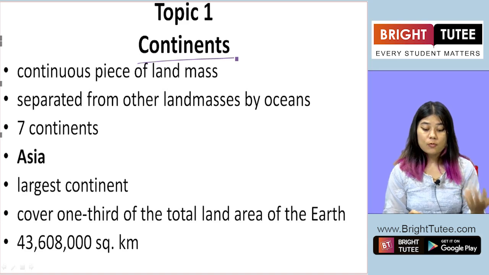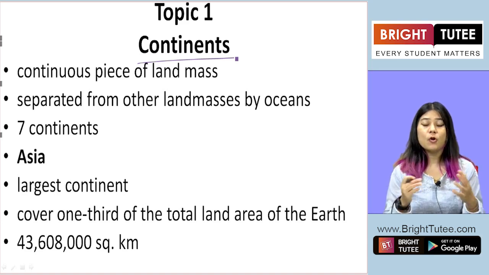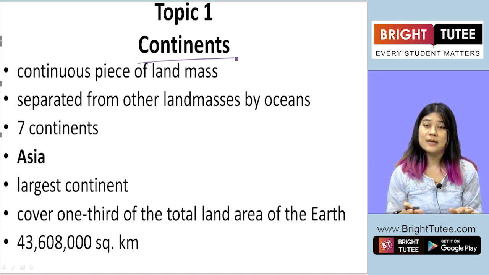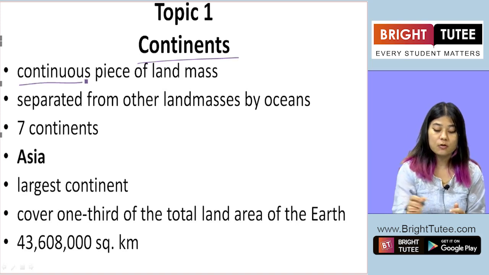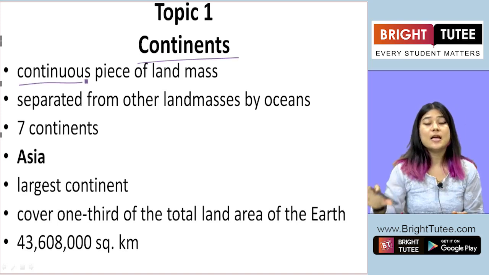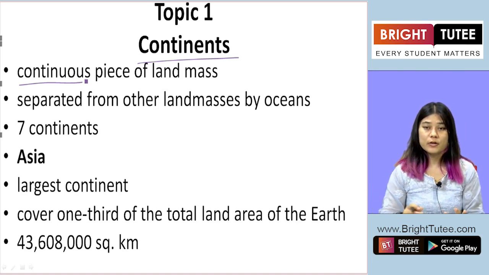Alright. Now, what are continents? We know continents refer to the landmass. So, continents are those landmass which are continuous. Okay. So, it's not a small piece of land. It's a great area of land, which covers the surface of the earth to a large extent. Okay.